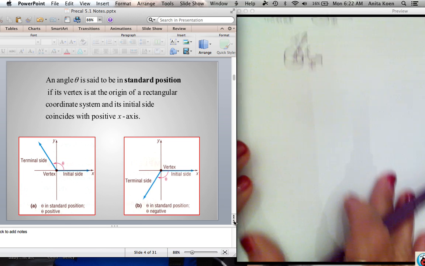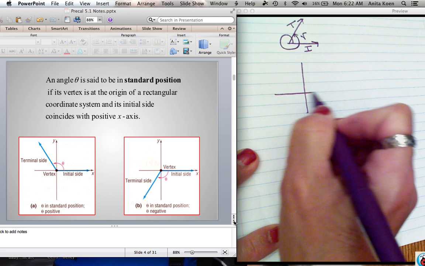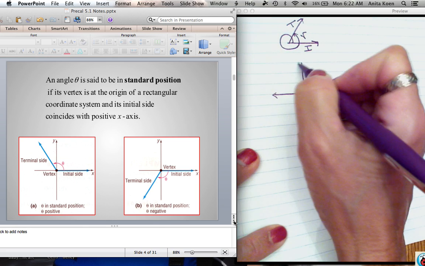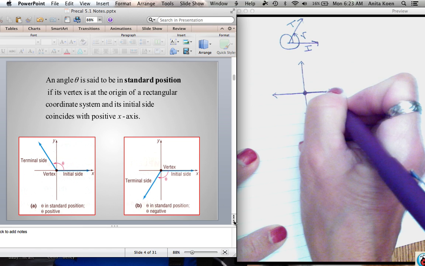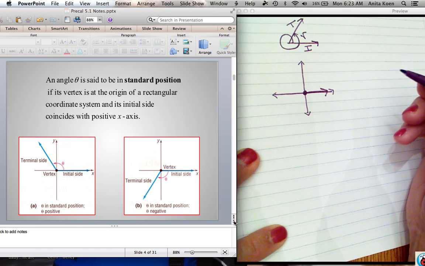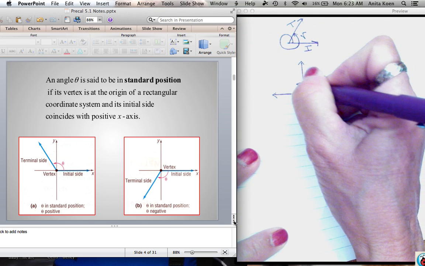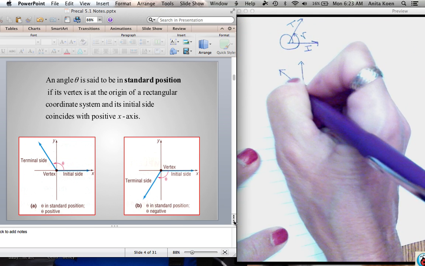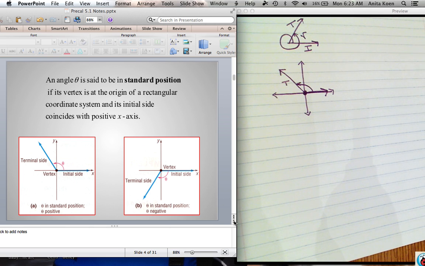So if I'm going to draw an angle in standard position, I'm always going to draw my angle on the standard coordinate plane, put its vertex at the origin, the initial side is always on the positive x-axis, and then I'm going to rotate and draw my terminal side. This is a positive angle in standard position. The second picture on the slide here is a negative angle in standard position.